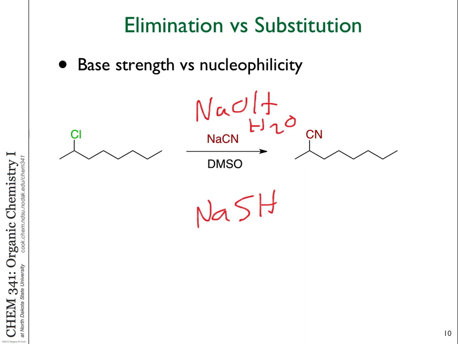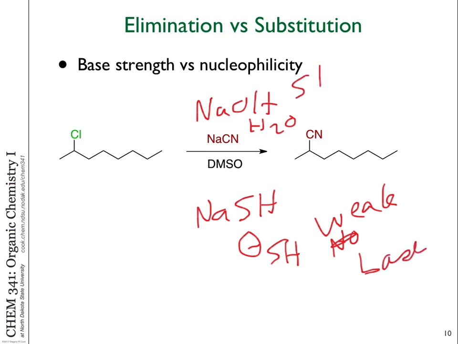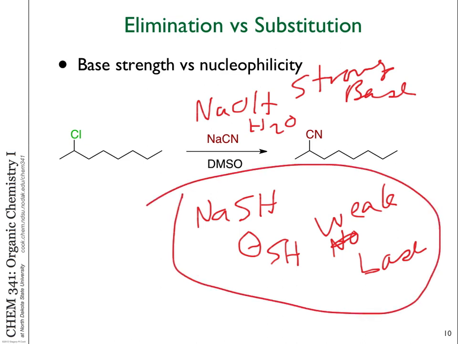And sodium sulfide, SH minus, is essentially non-basic. I'll just say weak base. Whereas this is a strong base. So if we keep in mind that basicity is not necessarily the same as nucleophilicity, you can get by with this also. This will lead to substitution. If we use the sulfur nucleophile, sodium hydroxide would probably give a lot of elimination in this case.